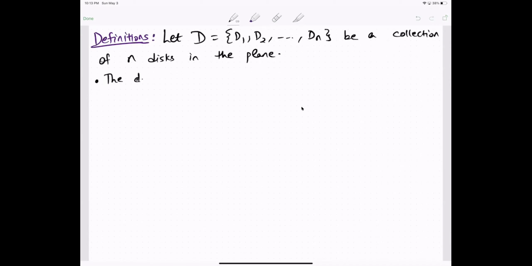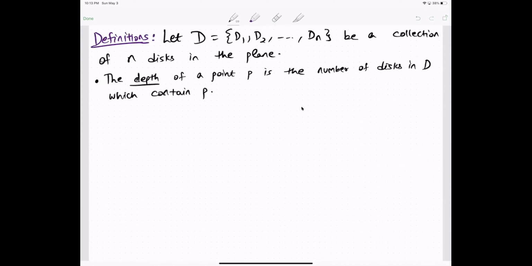The depth of a point P is the number of disks in D which contain P. That's easy to see, easy to understand.